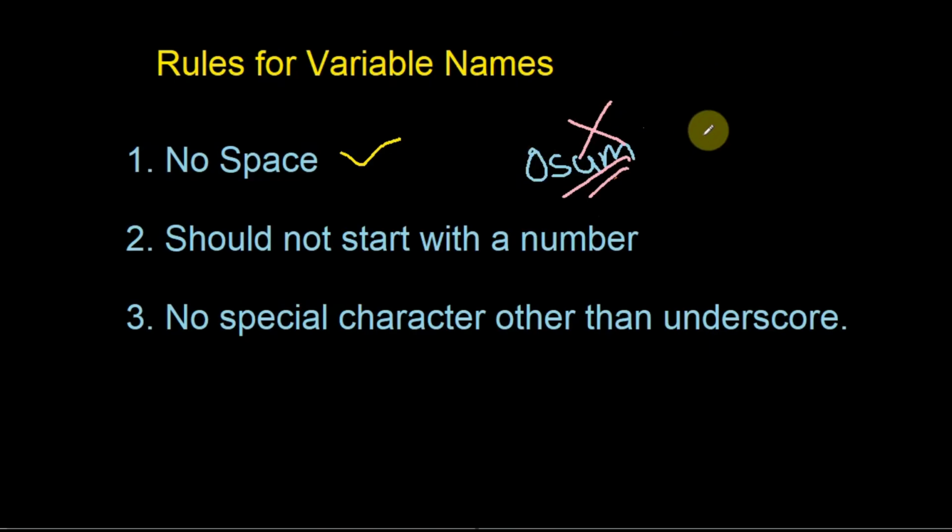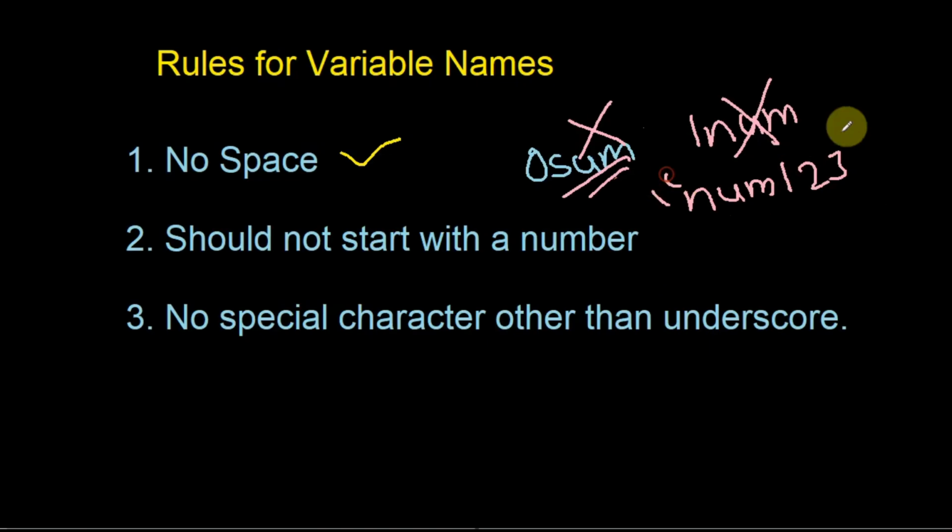You cannot start with a number. 1num is also wrong. The variable can have numbers after the name. So you can have num123. It is continuous letters in one word, so it is a valid variable name.